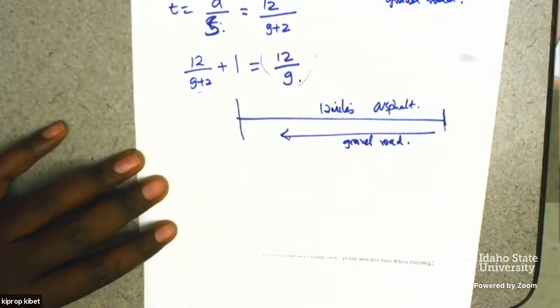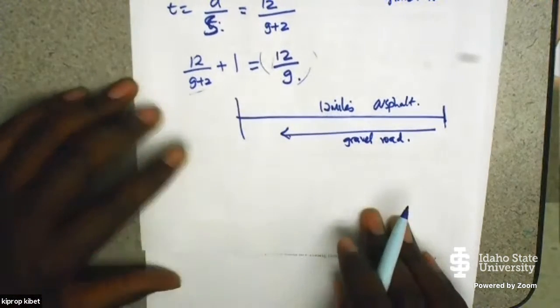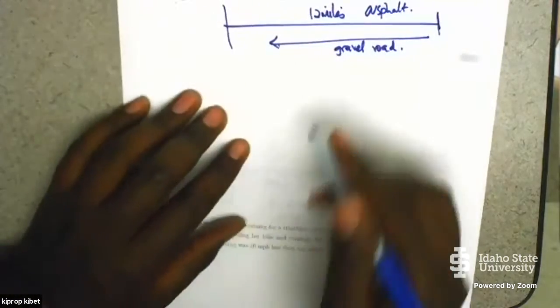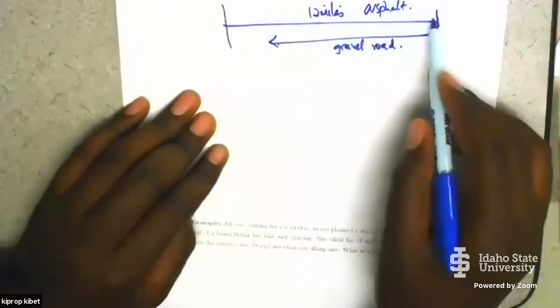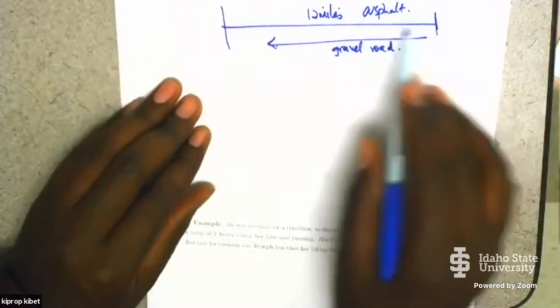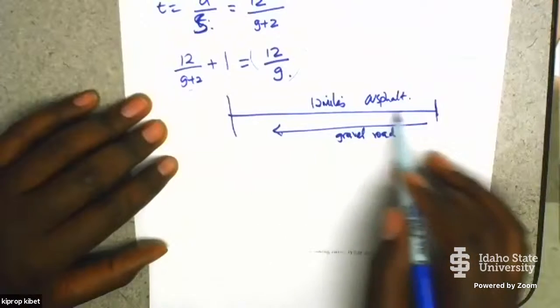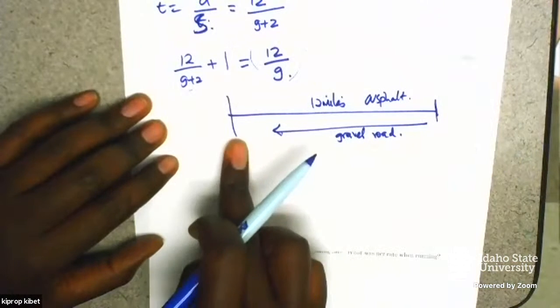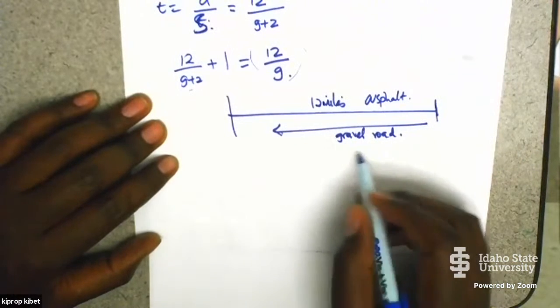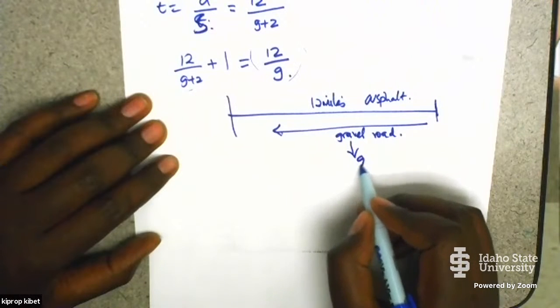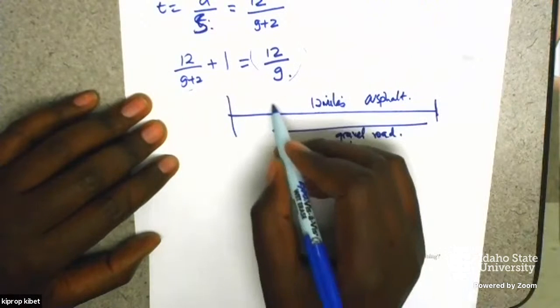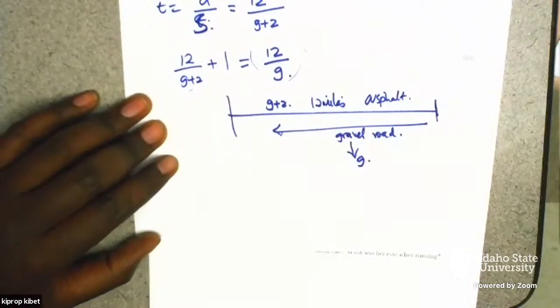But now the speed here is 2 miles per hour faster than coming back. So if the speed here is G, then the speed here is G plus what? Plus 2.